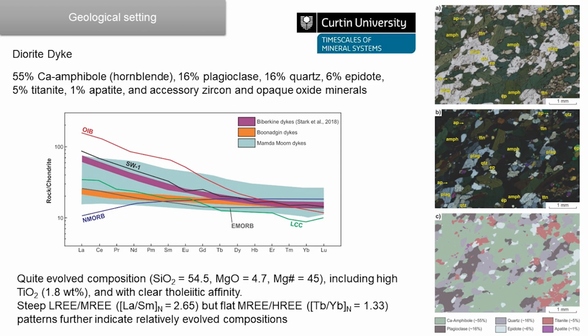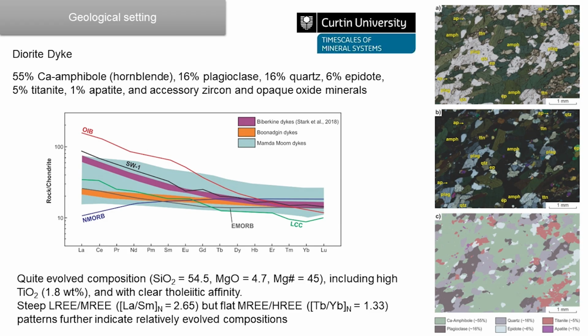The whole rock geochemistry is quite interesting. We see here a rare earth chondrite normalized diagram. The dyke labeled SW1 is the dyke we're talking about. You can see it's relatively evolved. The composition is quite clear, and I'd point out it's very similar to the Bibikine dyke suite that's recently been reported by Camilla Stark in 2018.